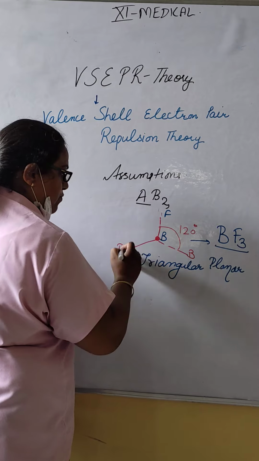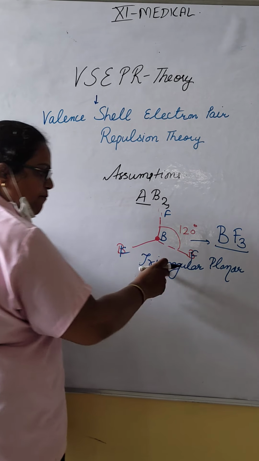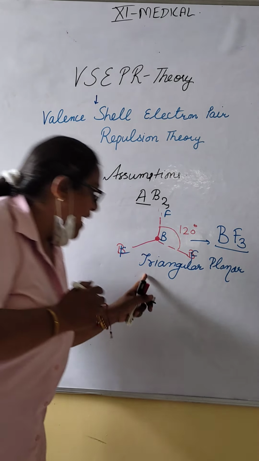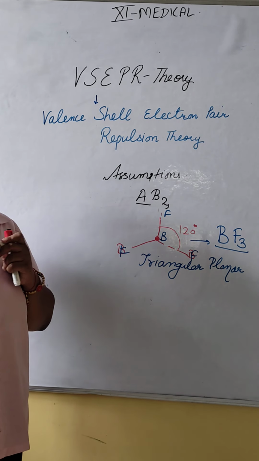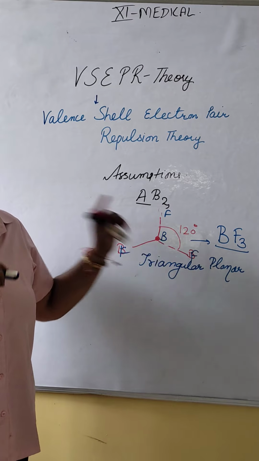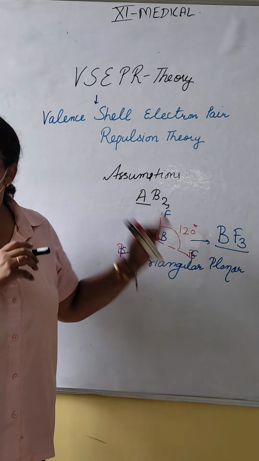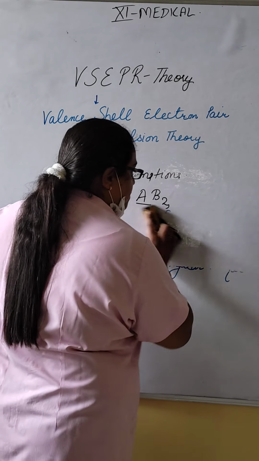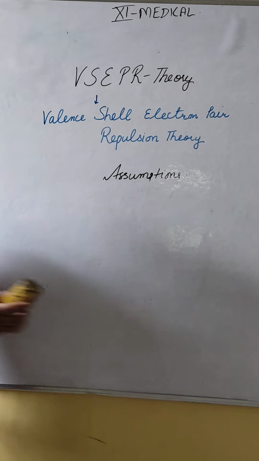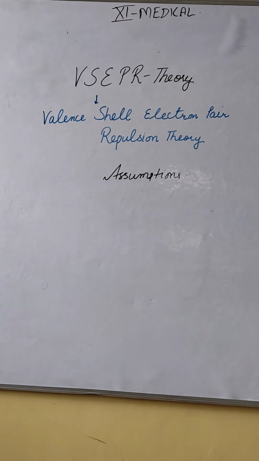F. So the geometry will be triangular planar and the bond angle will be 120 degrees. Clear? Draw the shapes with me. Everyone draw the shapes. 180 degrees, geometry is linear.